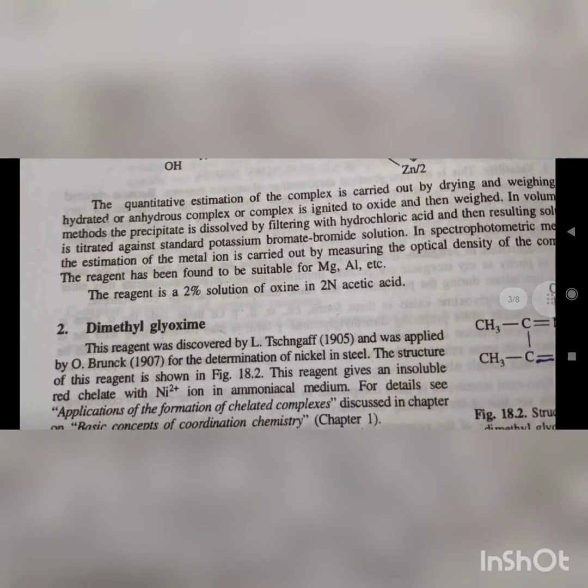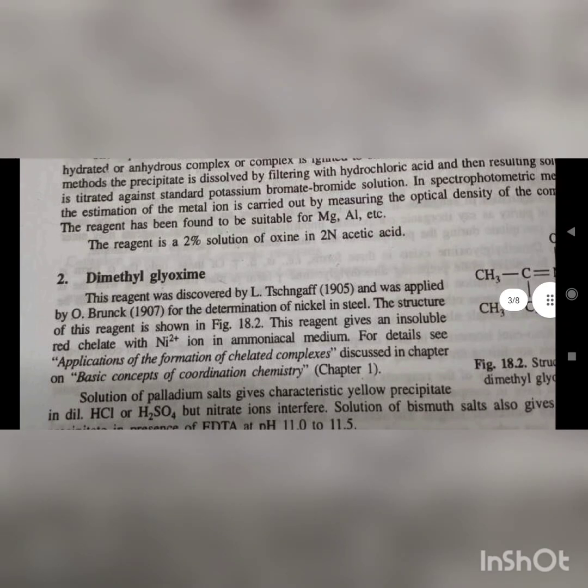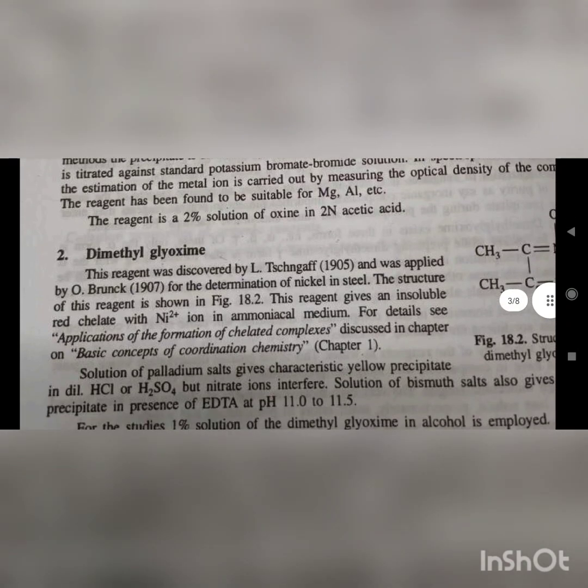The reagent has been found to be suitable for magnesium and aluminium, etc. The reagent is a 2% solution of oxine in acetic acid.